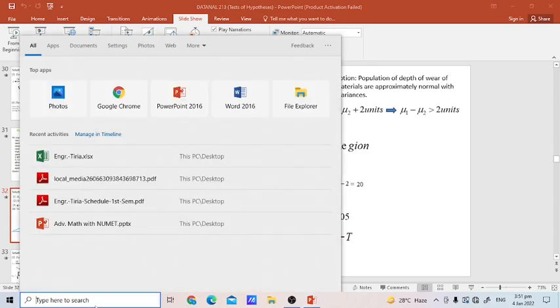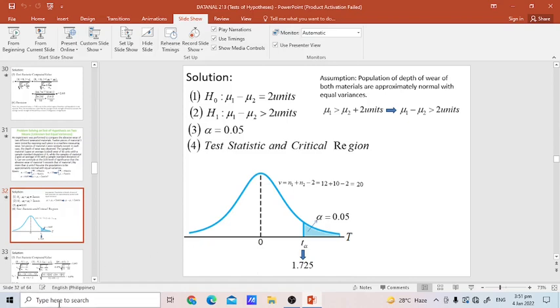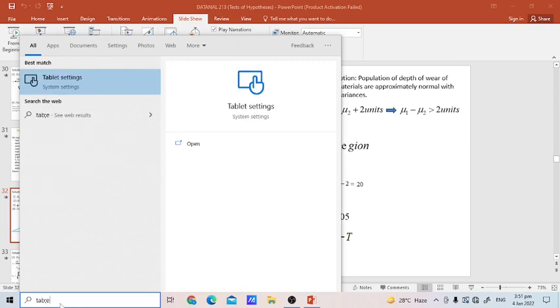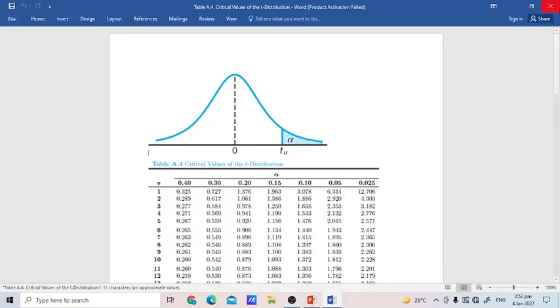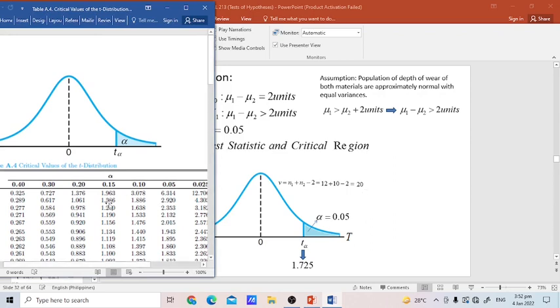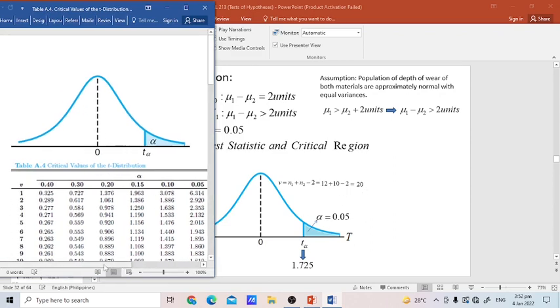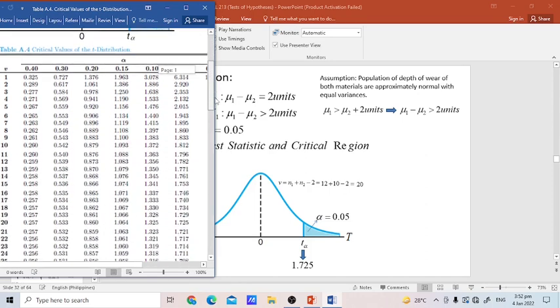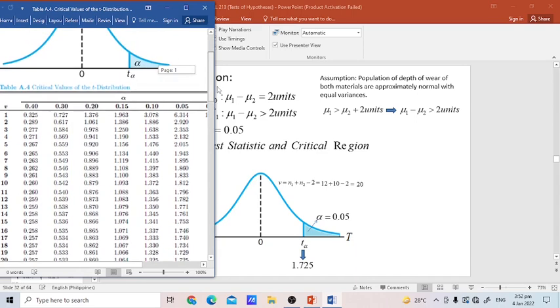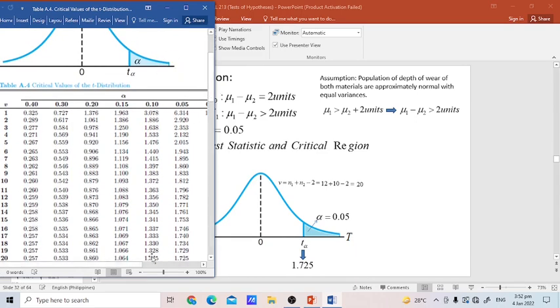In table 8.4, we have alpha of 0.05 with 20 degrees of freedom, and we get 1.725. So that's it.